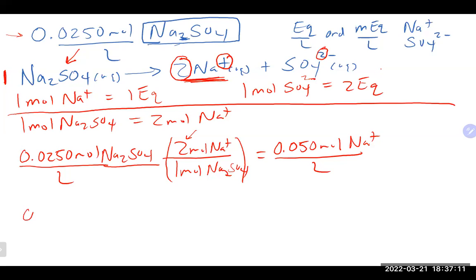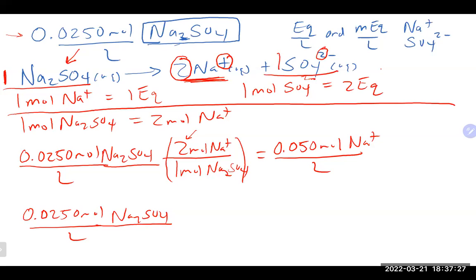If we do the whole thing here, 0.025 moles per liter of the entire thing. The mole to mole relationship between the whole thing and sulfate is a 1-to-1 relationship, right? For every 1 mole of the whole thing, there is 1 mole of sulfate.